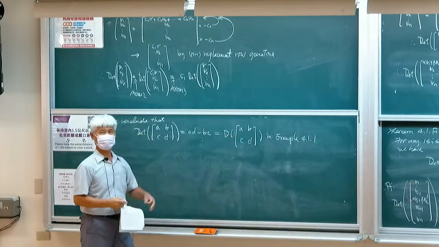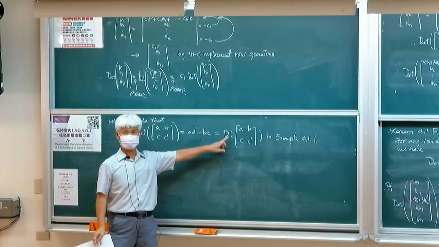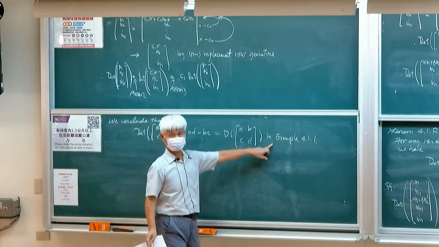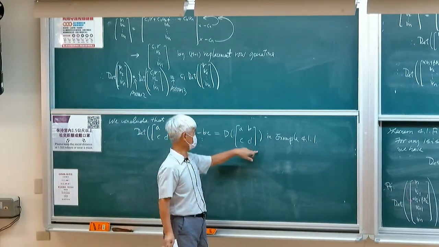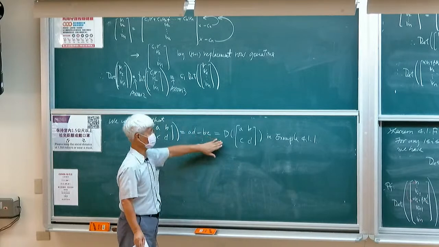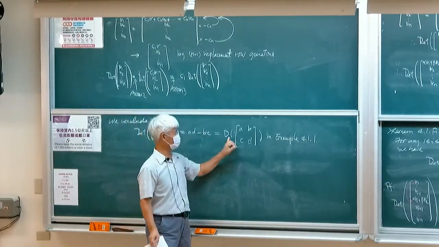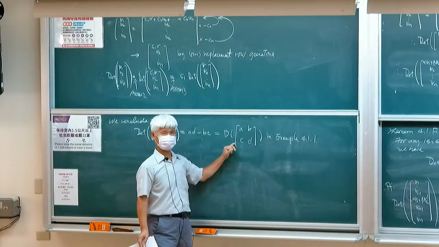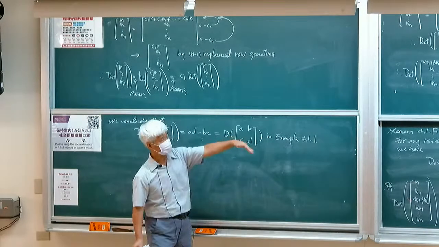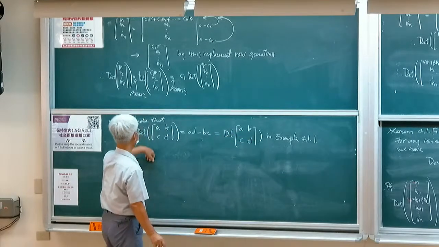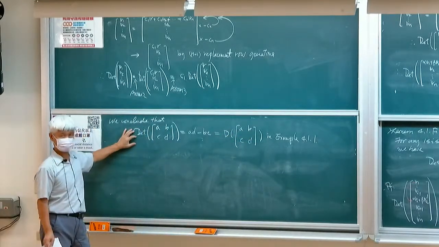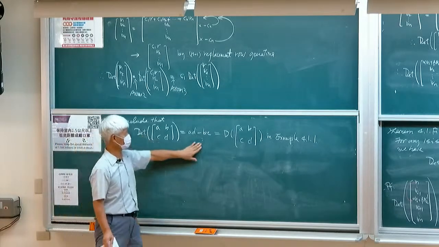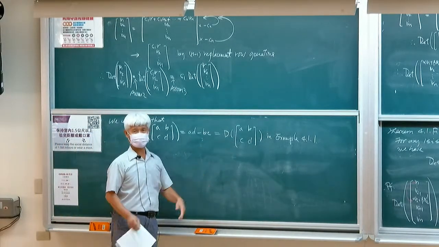Okay? Because we defined a D function in the first example of the last section to be AD minus BC, and we have shown that this function is a determinant function already. And here, what we have shown is that if we have another determinant function, it must be the same as this.